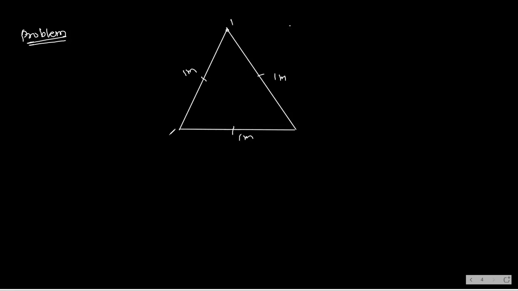This is 1 kg, 2 kg, and here again 2 kg. And you have to find at any one corner. Find at C. Find FR at point C. Okay, can you do this?